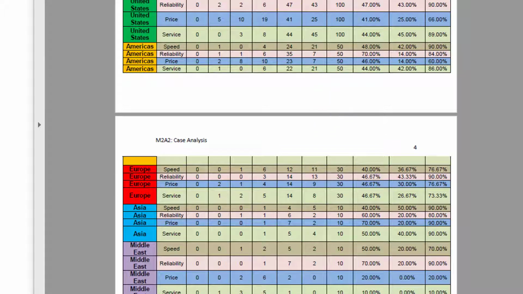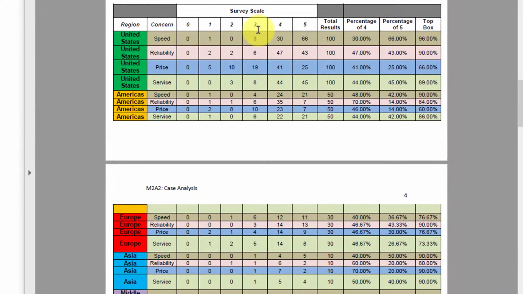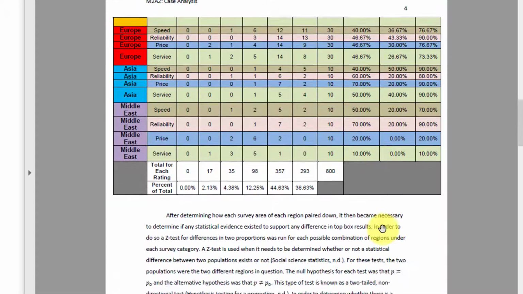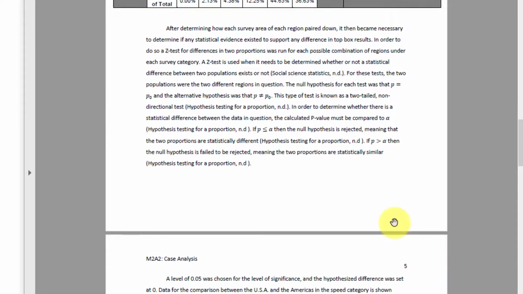He takes his Excel table and does a good job of color coding it, so you can see over here on the left, the green is the United States, and then we've got each of the four factors and what are the percentages of fours and fives, and it shows over here in the far right column that on speed, the United States has 96% fours and fives, and it takes it all the way down through all of the regions so that you can get a good view of that.